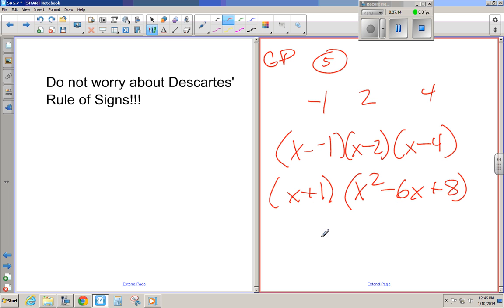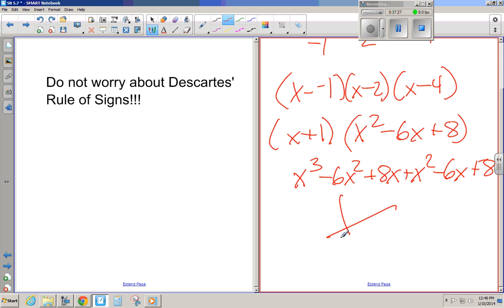And then multiply this out: x cubed minus 6x squared plus 8x plus x squared minus 6x plus 8. Combine like terms. x cubed minus 5x squared plus 2x plus 8 gives me my equation.